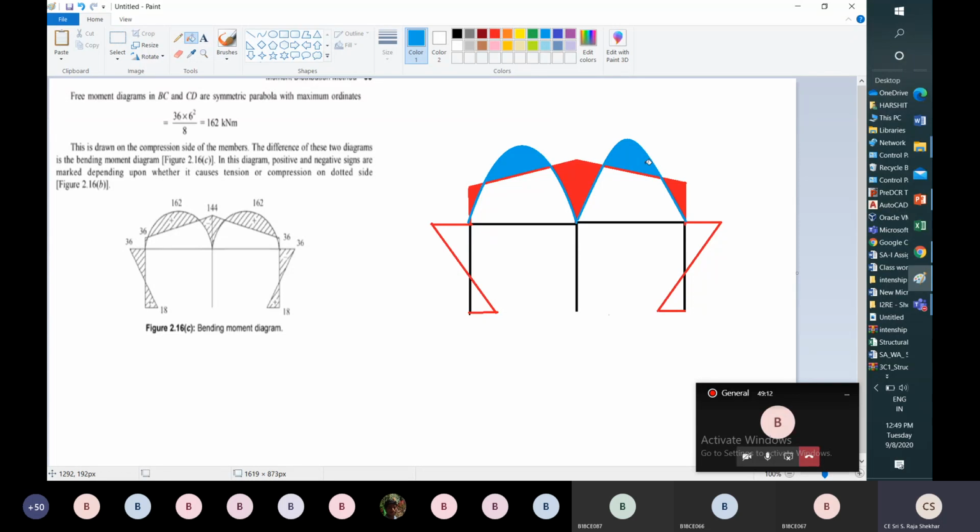These two portions represent net positive bending moment. This is net negative, this is net negative, and this is net positive. Like that, we draw the variation of BMD with the loading as well as the end moments.